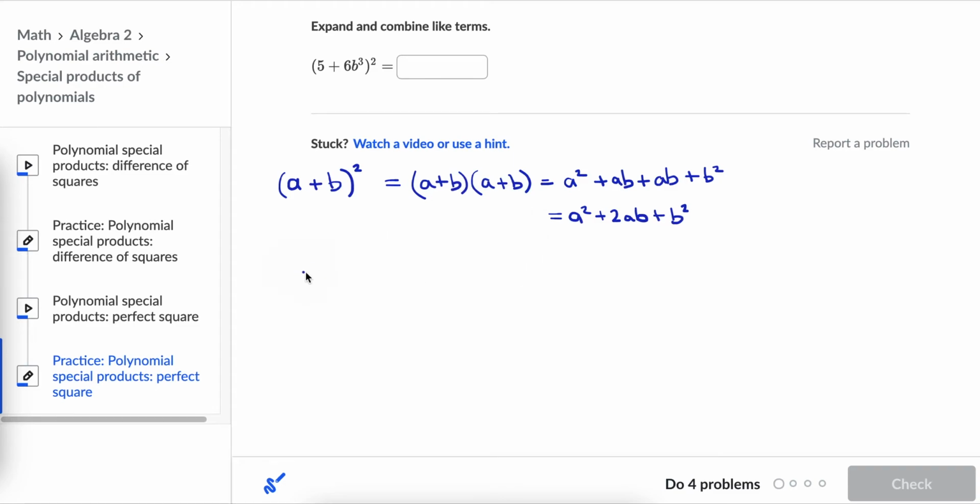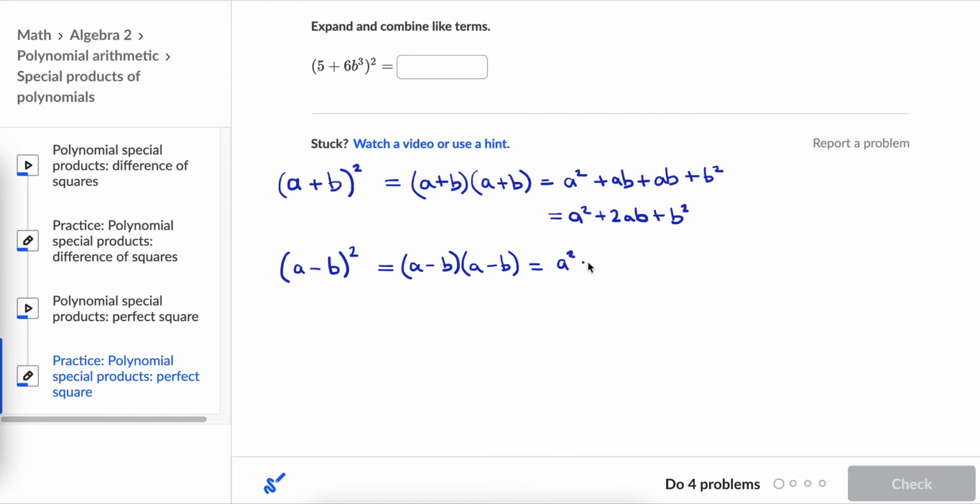Another one to bear in mind as well is, of course, the subtraction version. So a minus b, again a perfect square, except it's subtracted. a minus b is a minus b times a minus b, and that works exactly the same way.